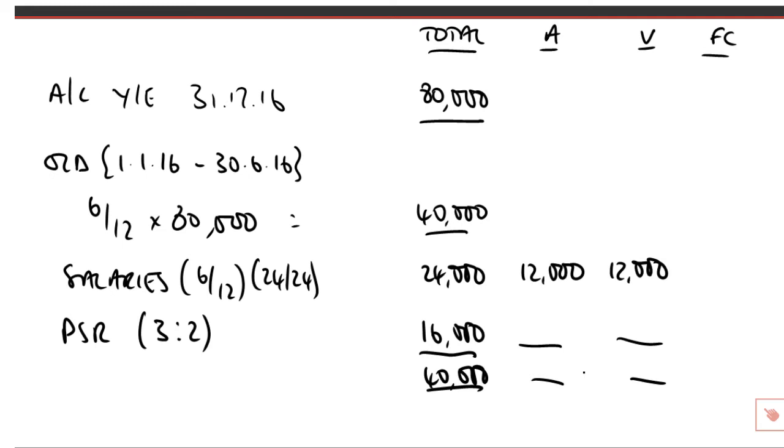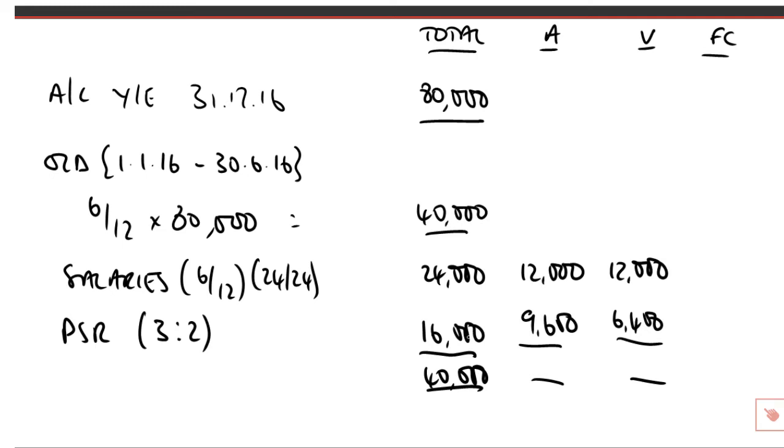Now, get your calculators out and just check to make sure that I've got these numbers correct. But on my arithmetic anyway, I'll make that £9,600 and £6,400 respectively there. Just check to make sure that you are okay with those numbers.